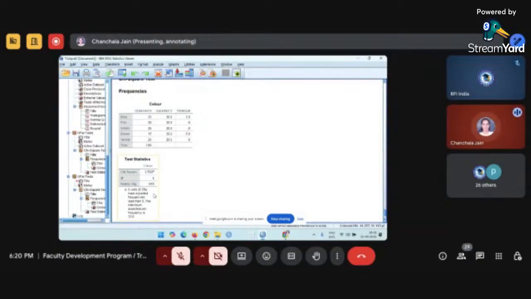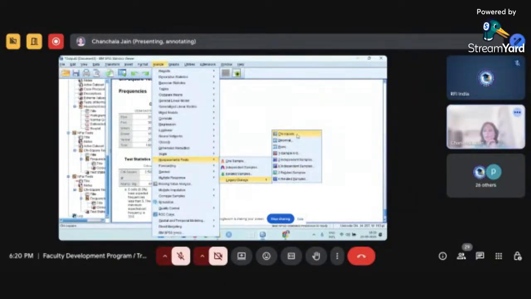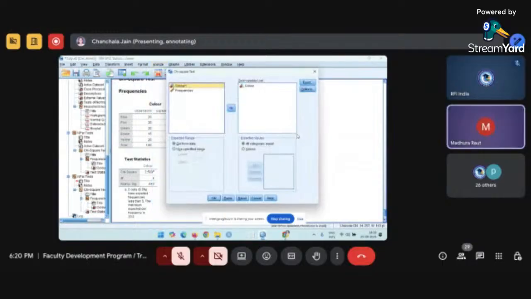When you click the chi-square test, in the dialog box, you need to only shift the color variable. You can reset. Once you reset, everything will be new for you. Shift the color variable from the left box to the right box, and okay.